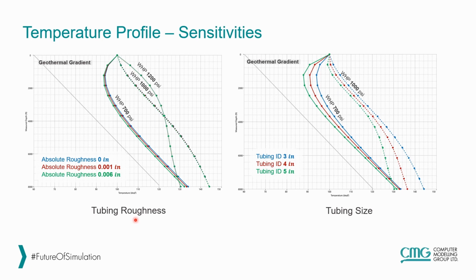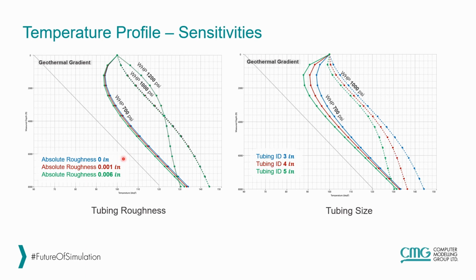In this plot, the effect of tubing roughness and tubing size are shown. On the left-hand side, we are increasing the absolute roughness of the tubing from 0 to 0.006 inches at different wellhead pressures. Let's focus on the wellhead pressure of 700 psi.